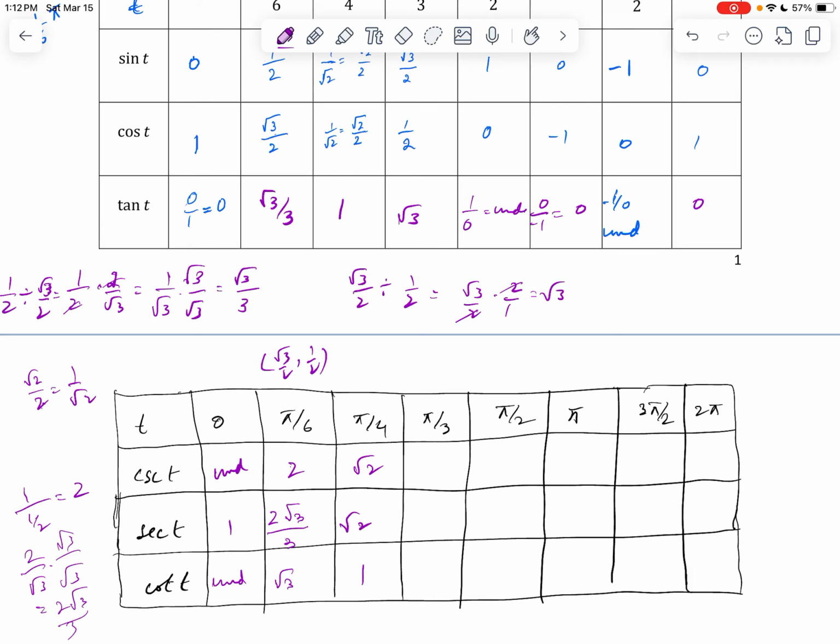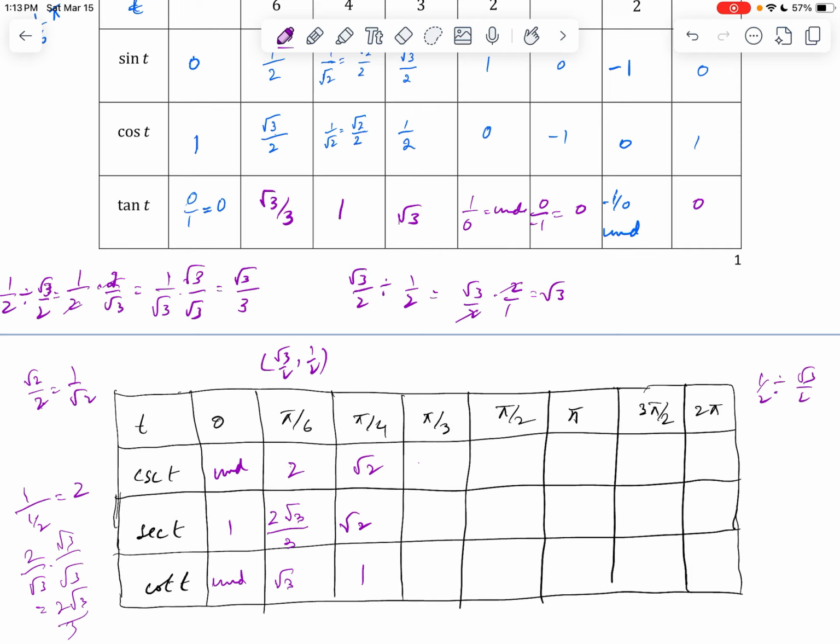So pi over 3. Secant of pi over 3 will be x over y. So the x is 1 half. So we have 1 half divided by square root of 3 over 2.